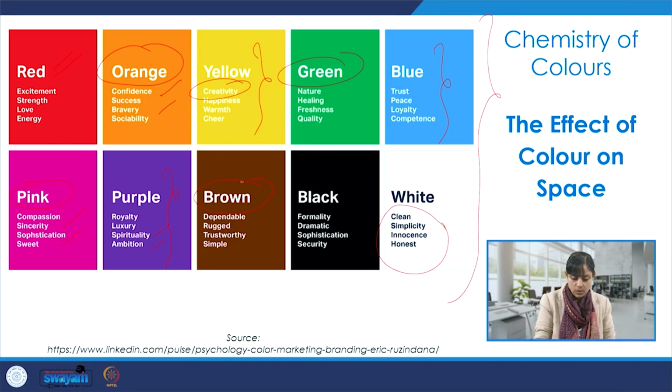Then there is brown, which is rugged and raw and rustic and dependable, simple. The non-color black, formality, for dramatic effects, for sophistication. And white is for cleanliness, simplicity, purity, honesty.